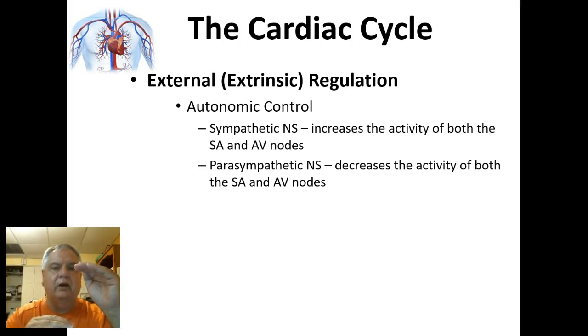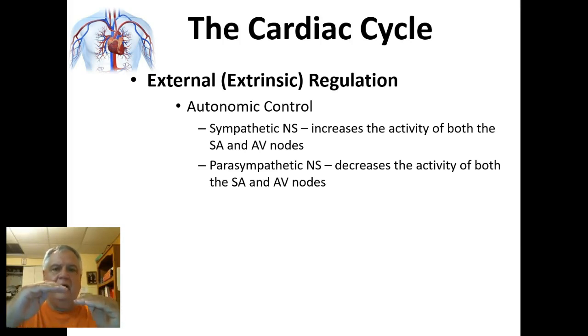But at the same time, there has to be a decrease in parasympathetic tone, or signaling from the parasympathetic nervous system. So it's like you want to send out signals that say increase the heart rate, but you also want to decrease the signals that keep the heart beating slower to allow it to get faster. On the other hand, if you want the heart rate to slow down, you have to decrease sympathetic tone and increase parasympathetic tone.